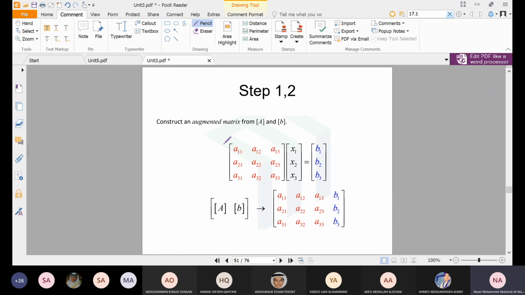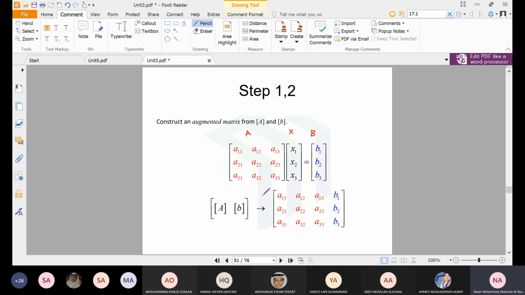Let's take this example. The first thing, as we know, if we have equations, we construct the augmented or large system. So this is the large system that we have, or the equations of the system. Here, this is the A matrix, this is the unknowns, and this is the solution, the B matrix.